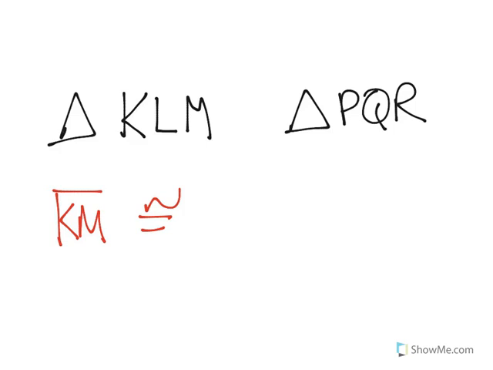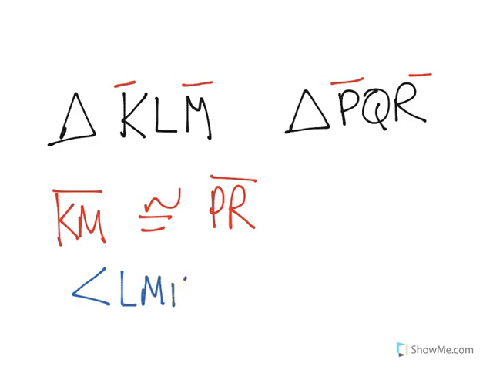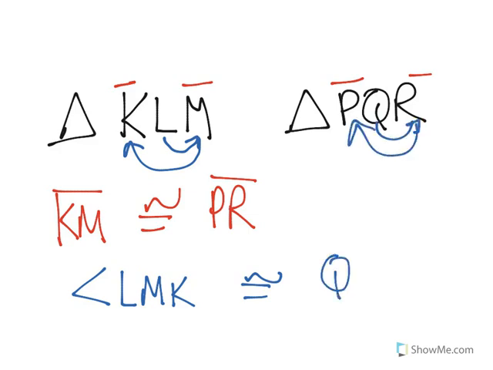If you have the K here and the M here, it's going to be P and R. If I say angle LMK, what's it congruent to? Well, just do the letters in the same order. LMK is going to be QRP. Angle QRP. So always do them the same way.